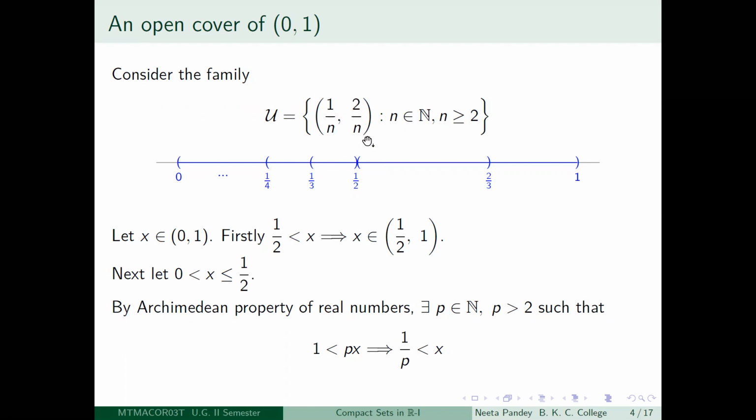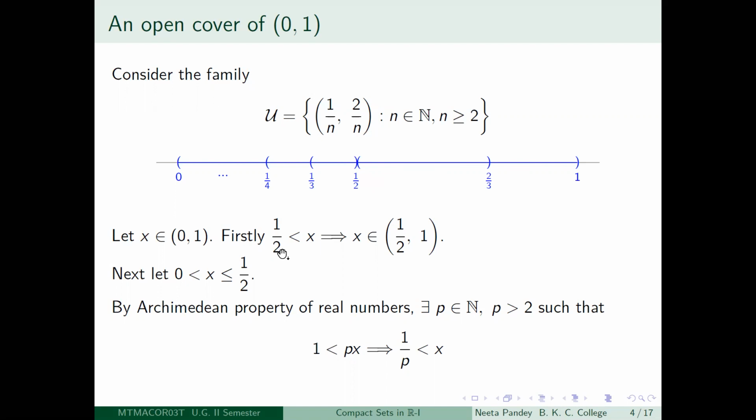That is my ambition. So for this, you notice that if you take x somewhere here, if x is greater than half, then it is in that first set itself, right? You have taken the open interval 1/n to 2/n where n is greater than or equal to 2. So when n is equal to 2, that is the half to 1 open interval.